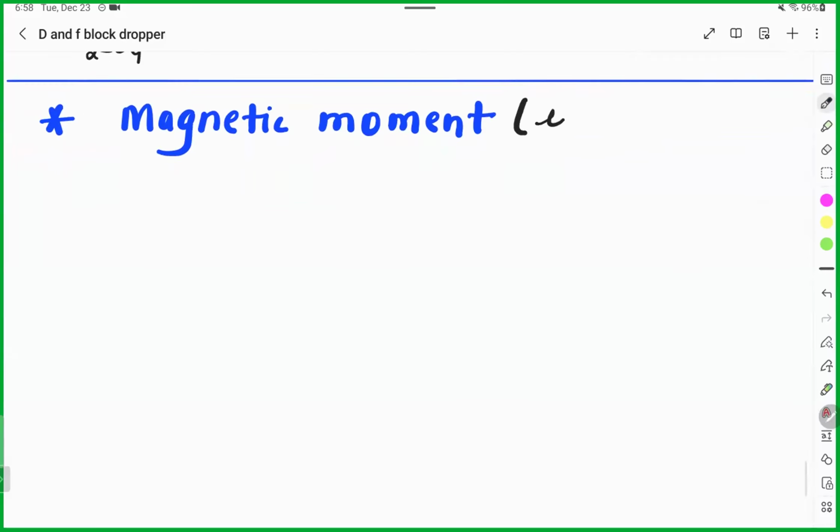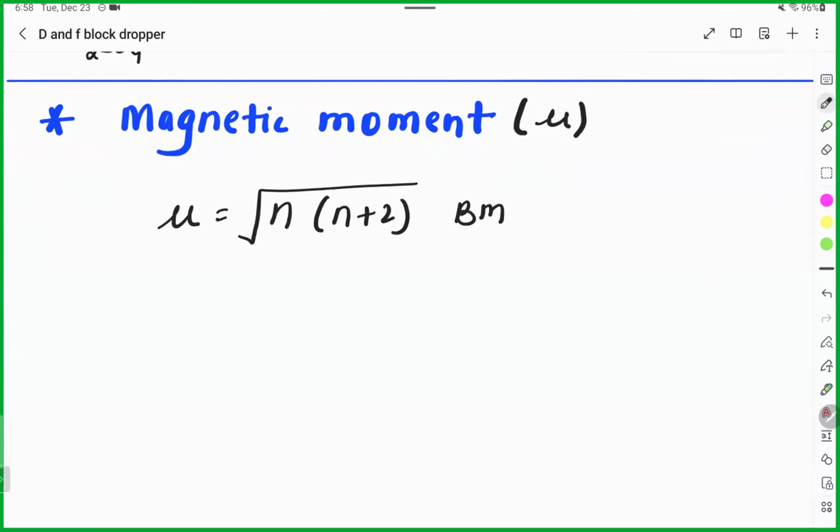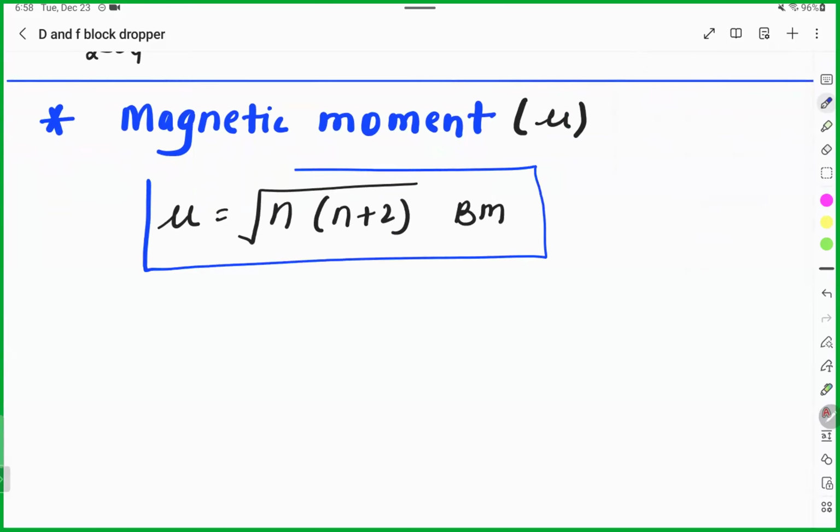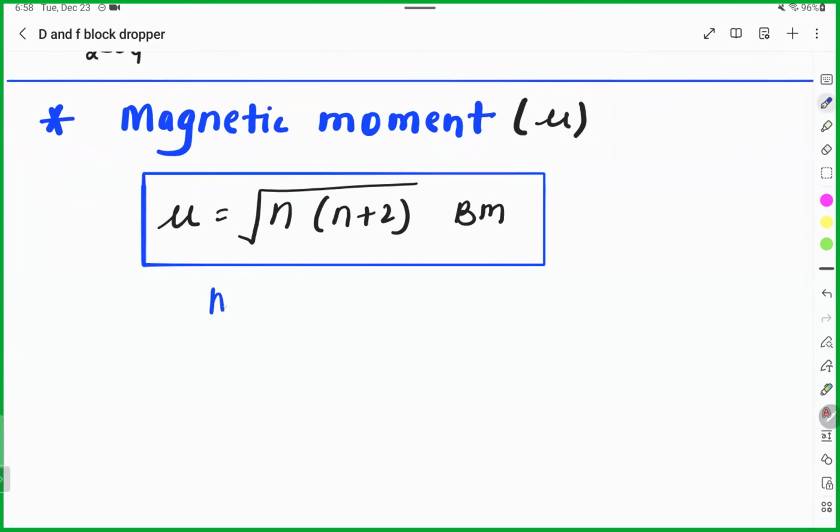This is represented by mu, and the formula is root of n(n+2) Bohr magneton. What is n here? n is the number of unpaired electrons.